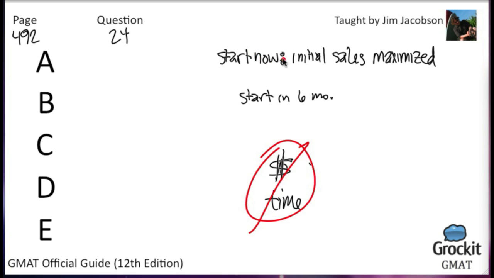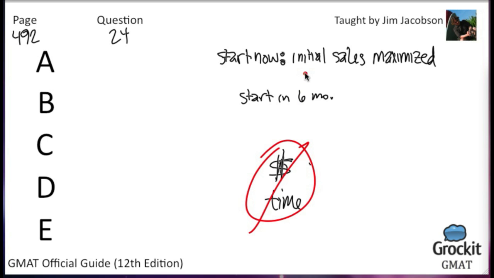So the core of the argument is initial sales will be maximized. If they start now, why would they wait? There must be some other reason why they would not. Why having their initial sales maximized would still not be beneficial to the Plexus Corporation.